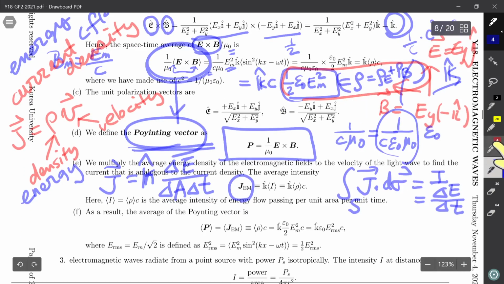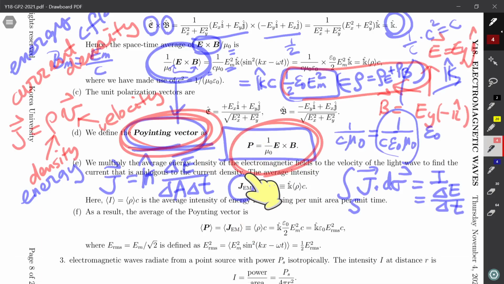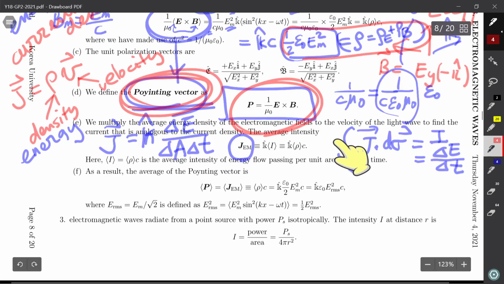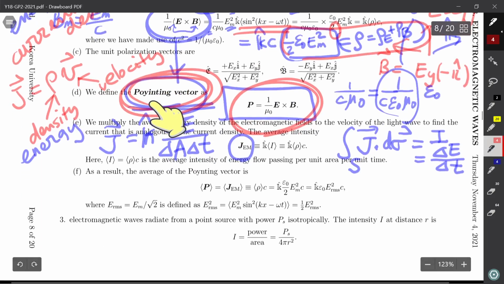So the Poynting vector is a very, very important object that stands for the energy transfer of electromagnetic field in vacuum. This factor 1/2 comes from the space-time average, and that can be considered as this is E_m squared instead of RMS squared.